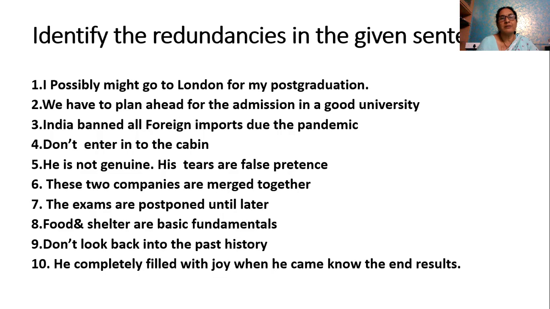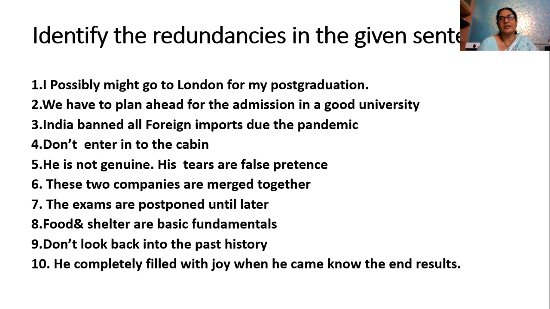India banned all the foreign imports due to the pandemic. We can say India banned all imports due to the pandemic. That is the correct sentence. Avoid foreign, because imports are what we bring from a foreign country only.